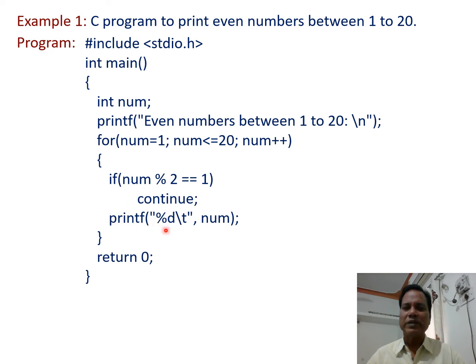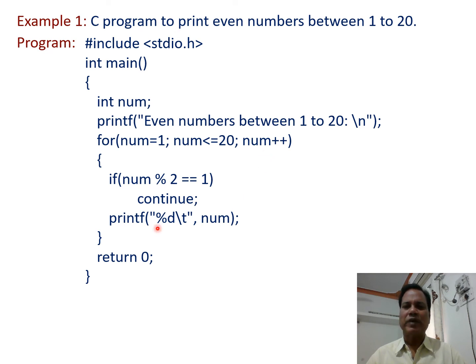So the value of num, that is 4, gets printed at the format specifier %d, and then the cursor is moved one tab position right by the escape sequence character \t, and then control again goes to increment the value of num. This time it becomes 5.